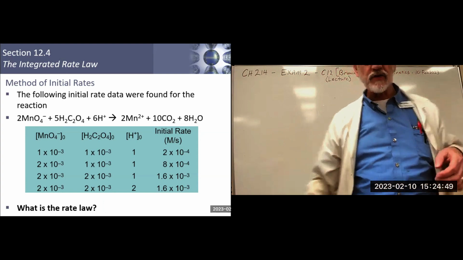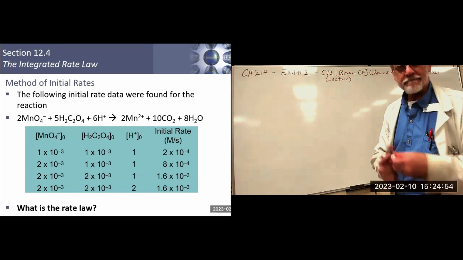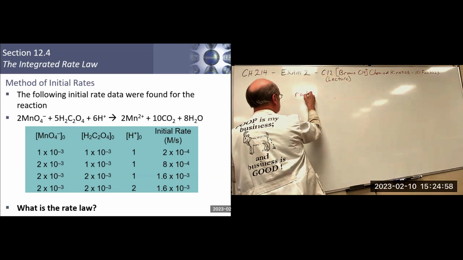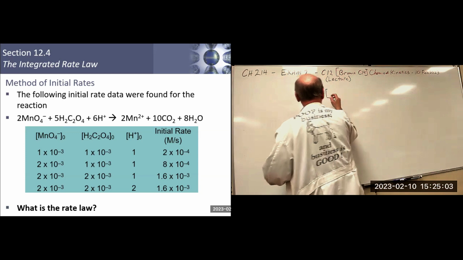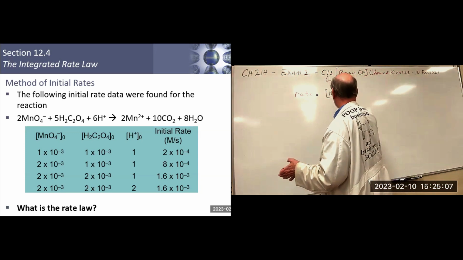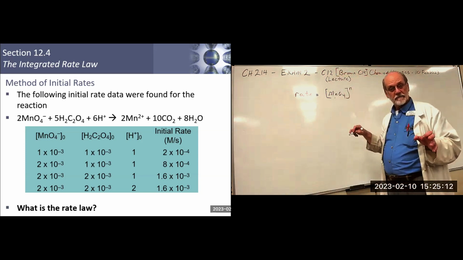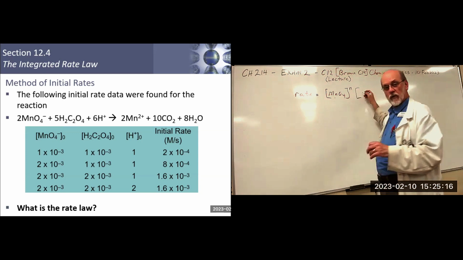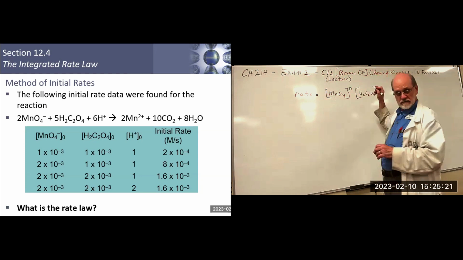All right, so I'm going to have to do this one. Based on that information, the rate of the reaction. I'm not going to write the equation up here. The rate of the reaction is this term, the manganate, to the n, and times this one for H2C2O4, is it?